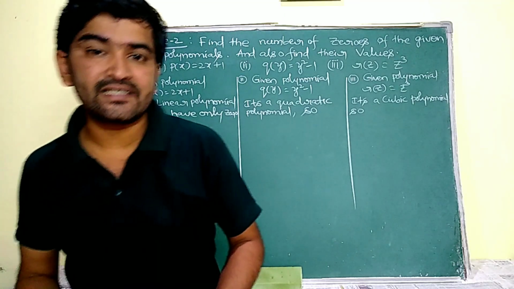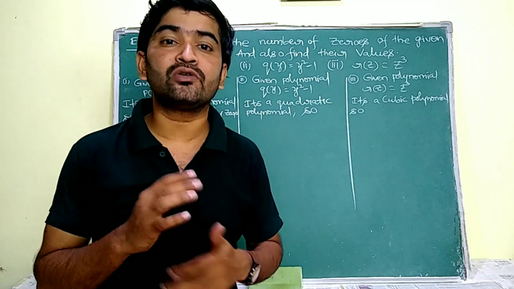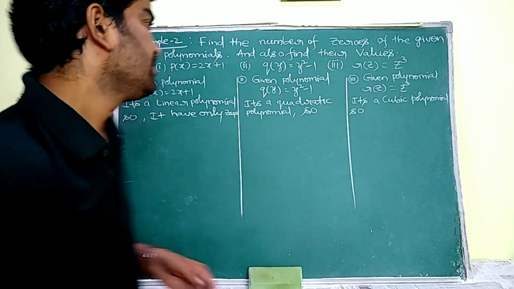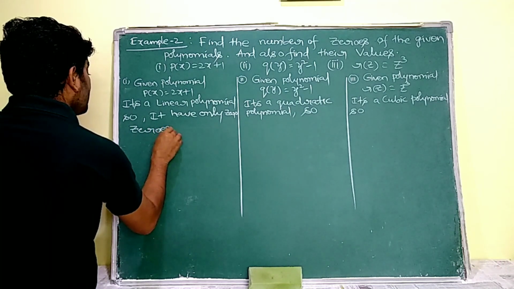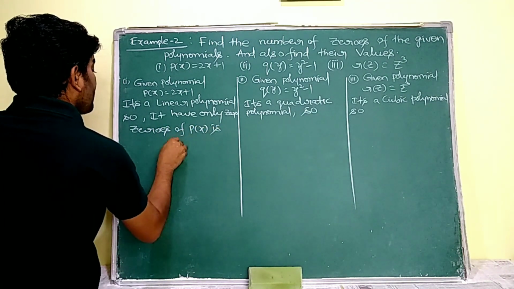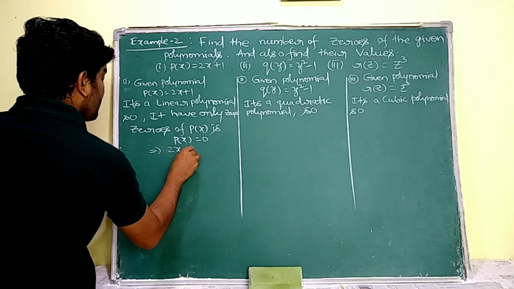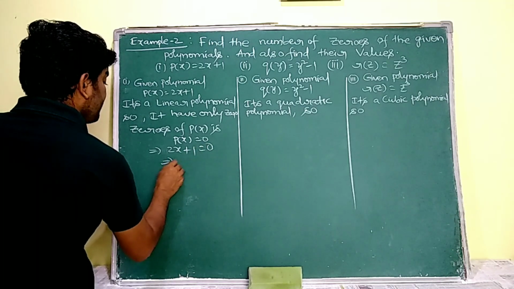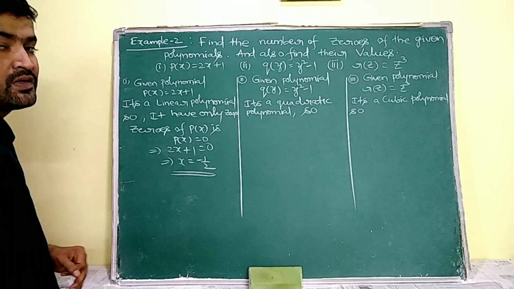We already discussed that to obtain the zeros of any polynomial, we have to equate it to 0. So zeros of p of x: p of x, that is 2x plus 1, is equal to 0. That implies x is equal to minus 1 by 2. This is the required zero.